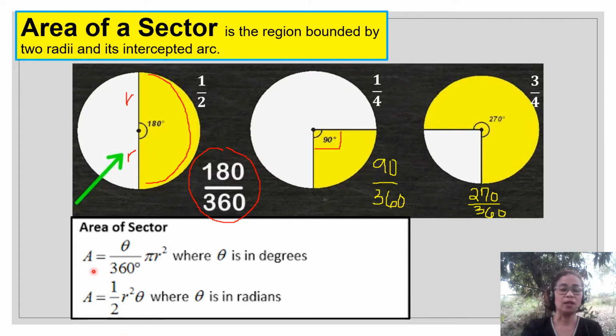A is equal to theta over 360 degrees, which represents the part that you took from the whole area of the circle, multiplied by pi r squared. Pi r squared is the formula in finding the area of the whole circle. So it's like a part taken from the whole. We will now use this formula in finding the area of given sectors in the next slide.